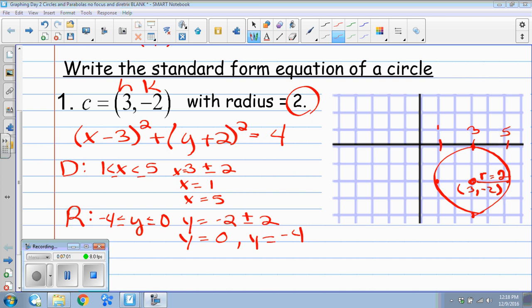If I'm asking you, where is this function increasing? Can I answer that question? No, why? Because it's not a function. You cannot answer that question.